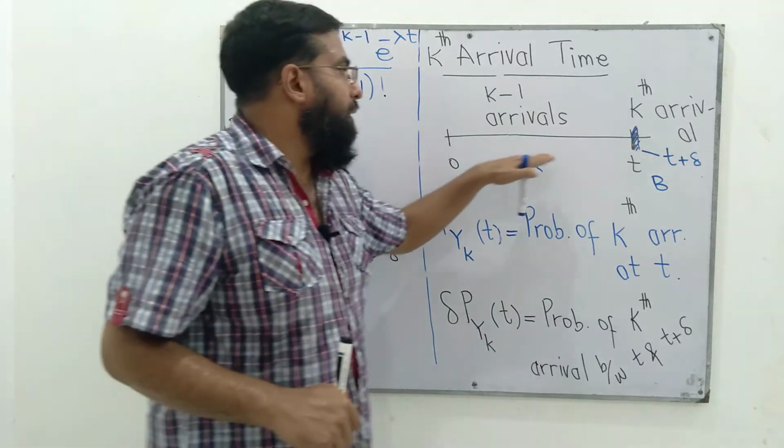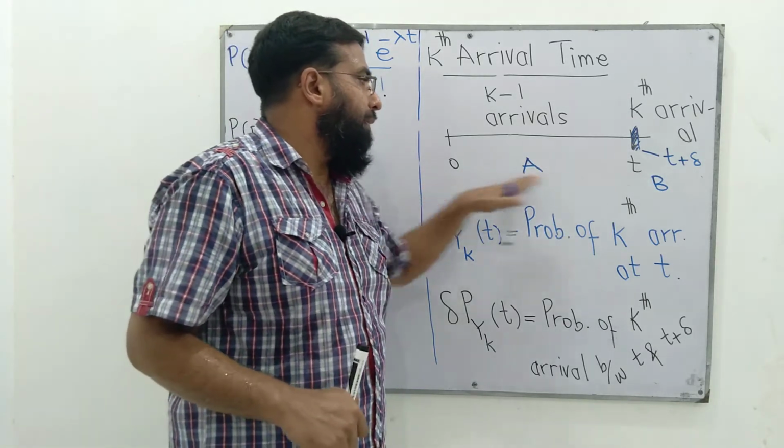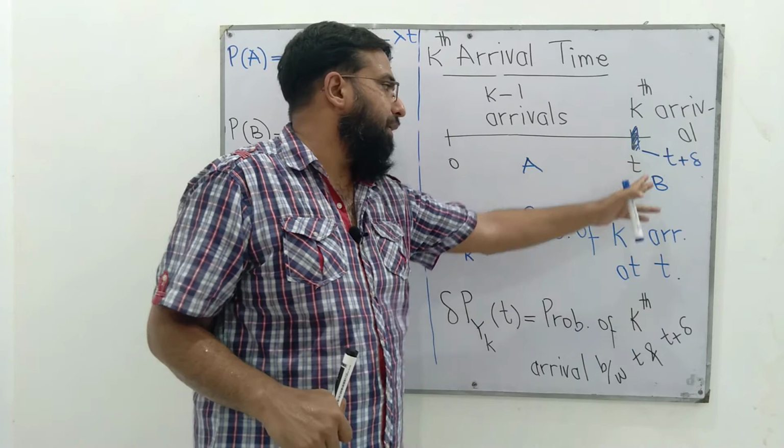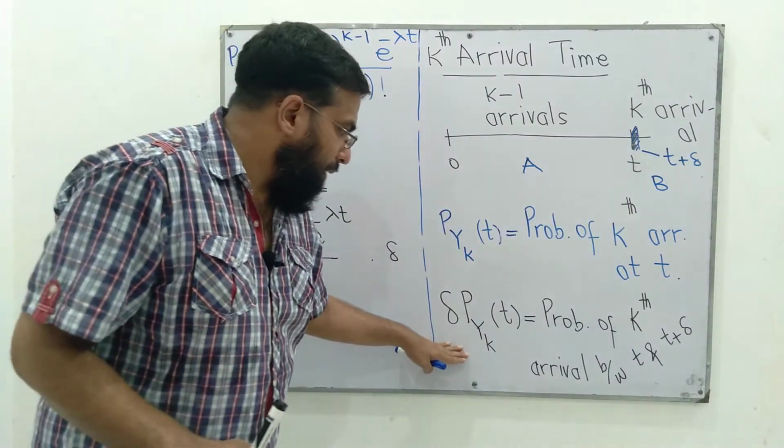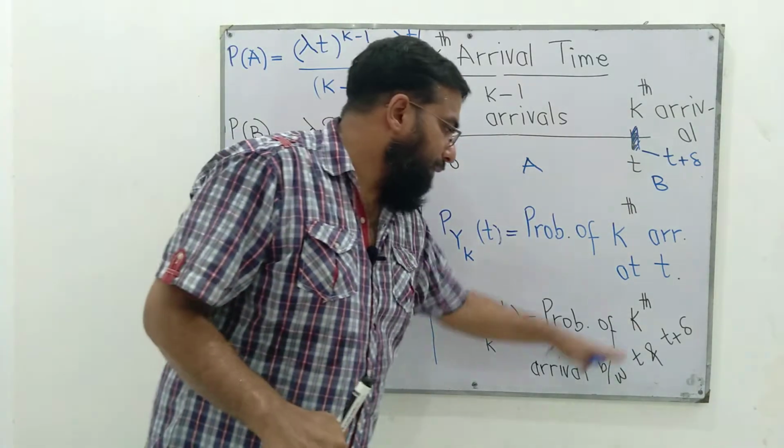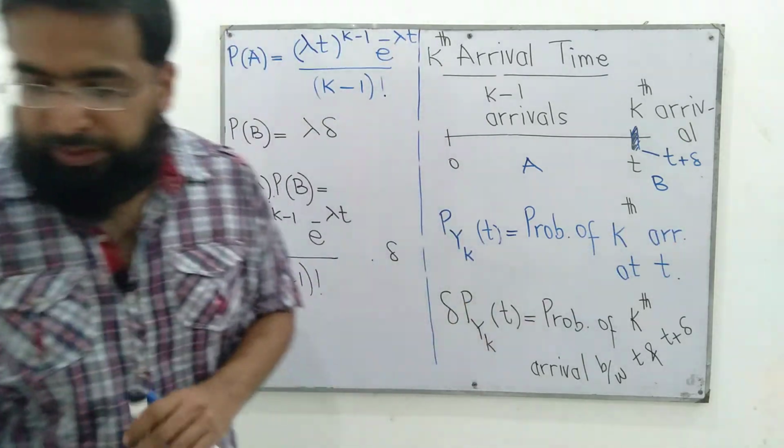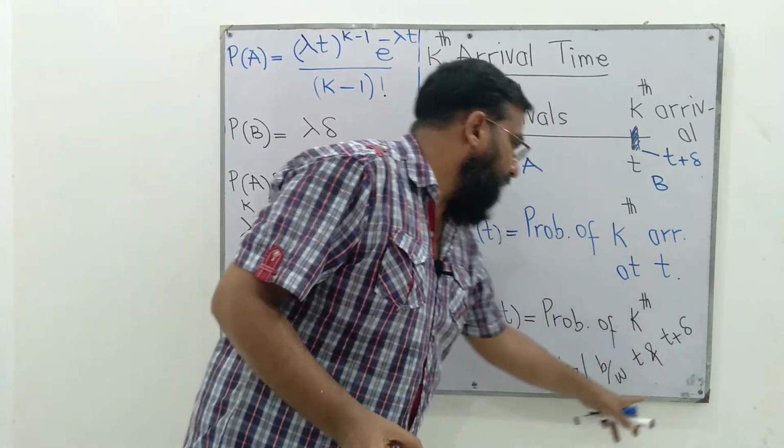So this is the probability that exactly k minus 1 arrivals happen in the duration 0 to t and 1 arrival in delta. This can be assumed equal to the probability that we have the kth arrival between this small time t and t plus delta.